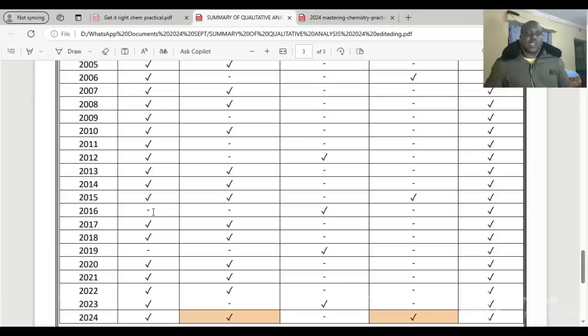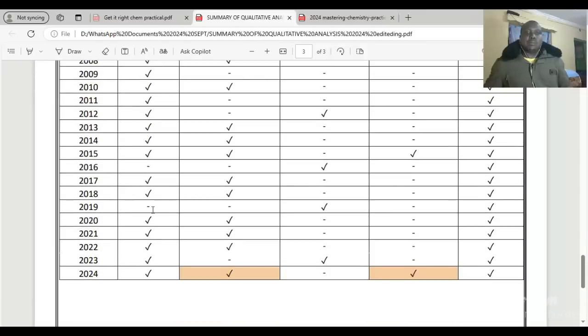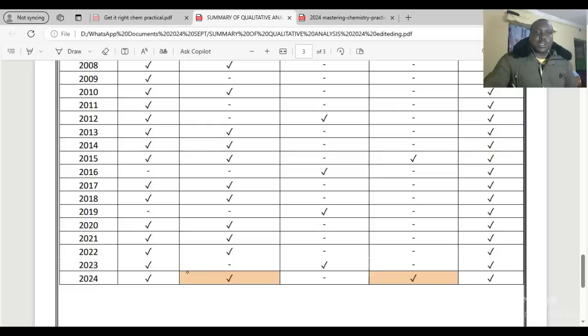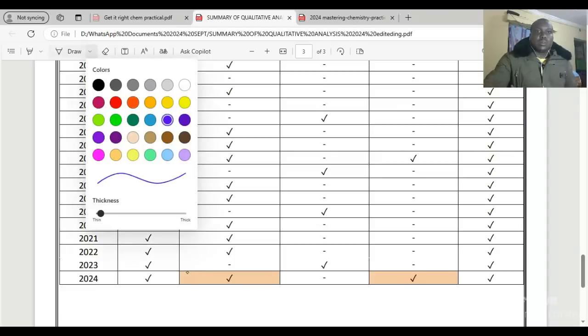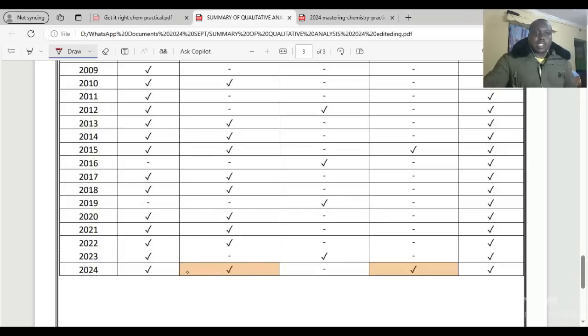So for 24 years, the iteration has missed only twice. So 2024 it will not miss. So we have the iteration as our question, the iteration 2024 is there.